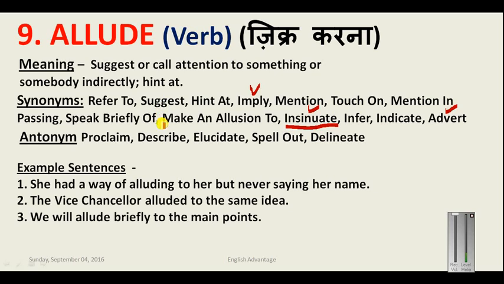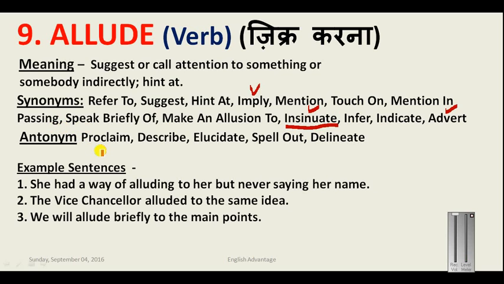And this will be the idiomatic form of this word, make an allusion to. Make an allusion to means hint at something or somebody, or speak briefly of, or you can say in passing.